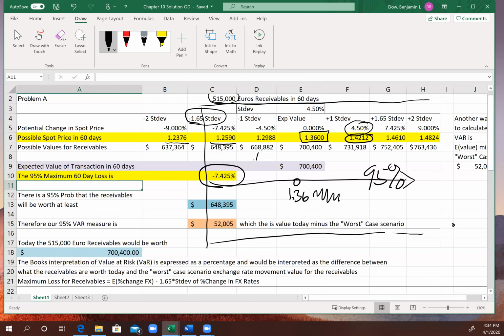How bad does it have to be? We want it to only get outside this range 5% of the time in our lifetime. So that's what the 95% value at risk measure is trying to figure out. How low can the euro go? If the expected change is 0 and the standard deviation is 4.5, then the 95% number is going to be 1.65 standard deviations away from the mean.